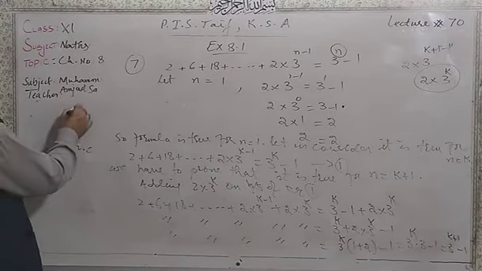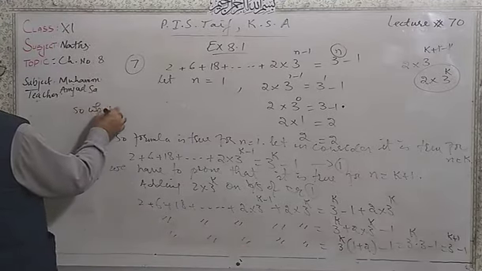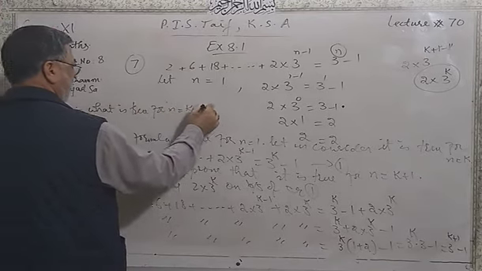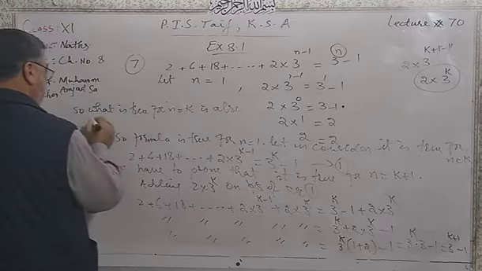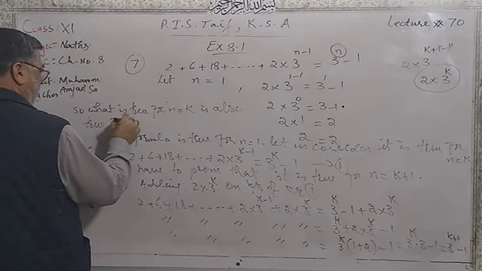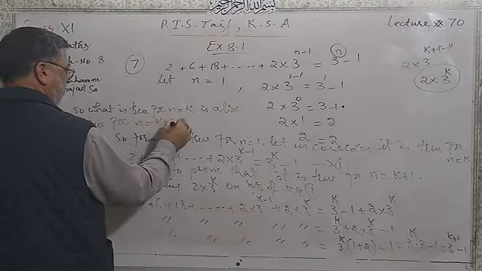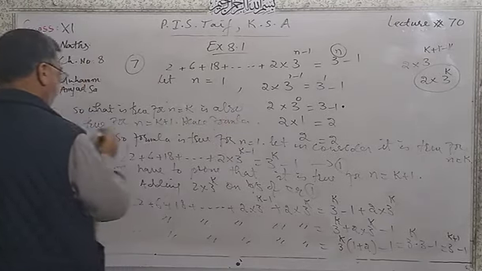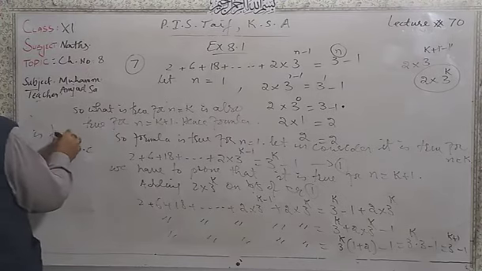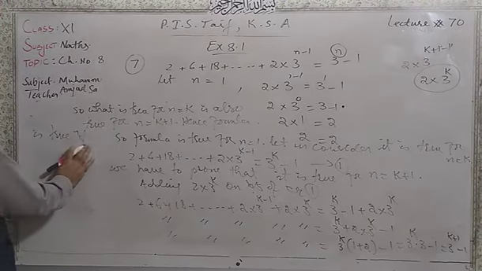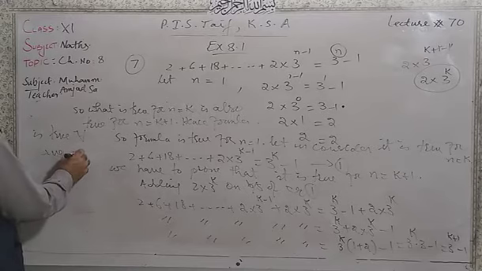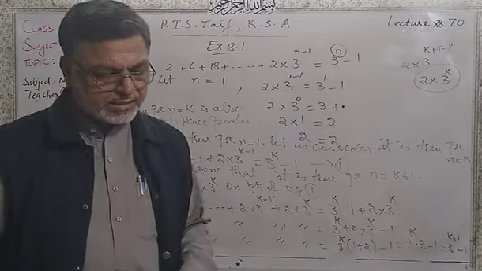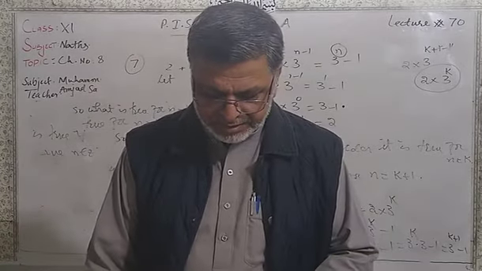So what is true for n is equal to k is also true for n is equal to k plus 1. Hence, the formula is true for all positive integers n. So this is your question number 7.